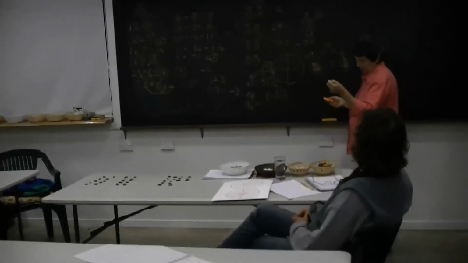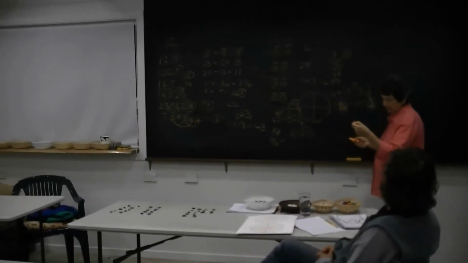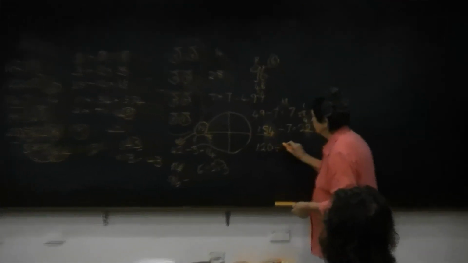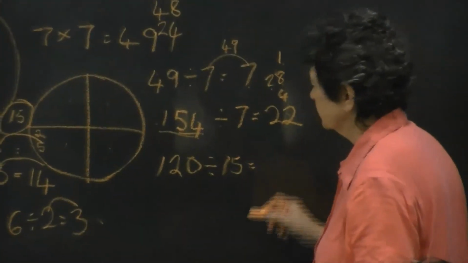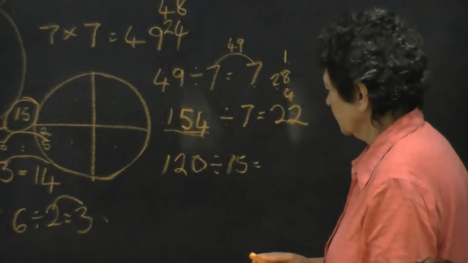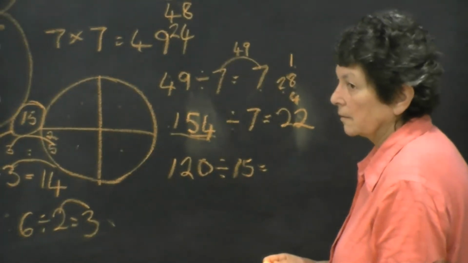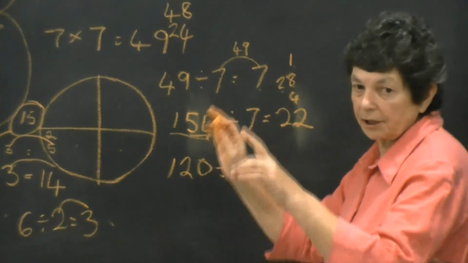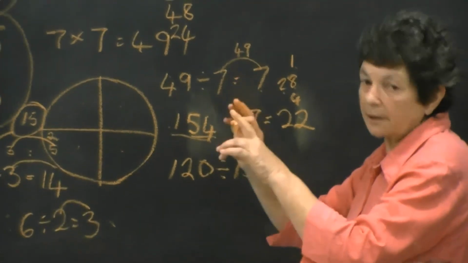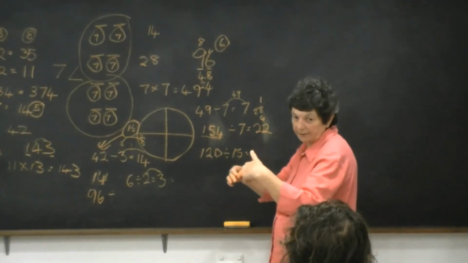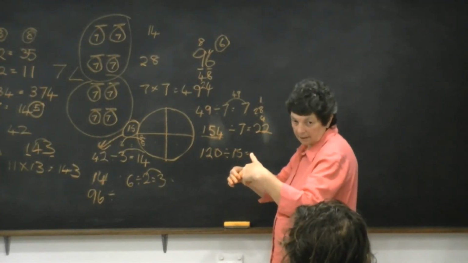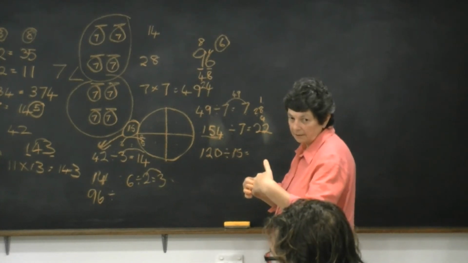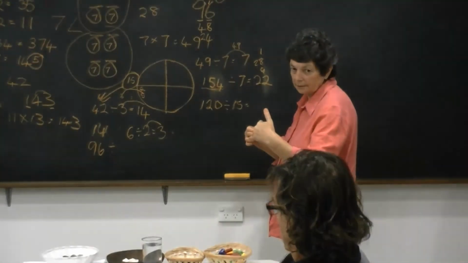Was it 120? 120 divided by 15 is 8. 2 15s are 30, so 4 15s are 60, so 8 15s are 120.